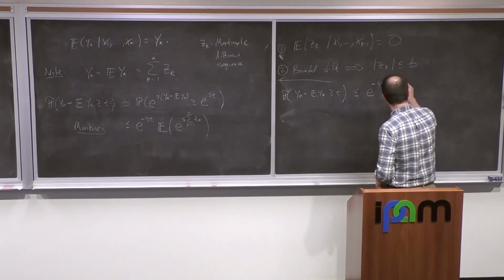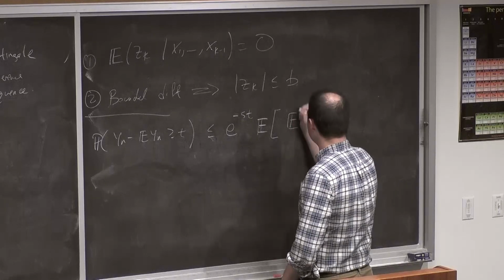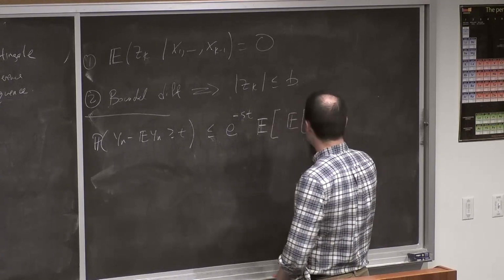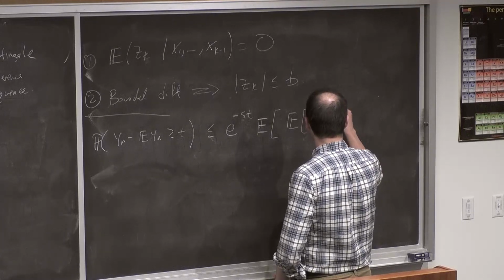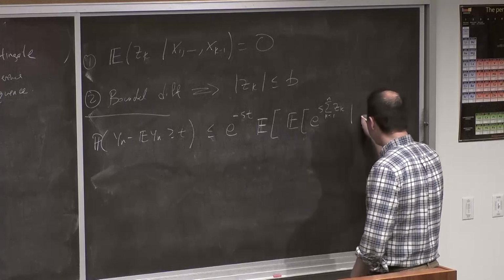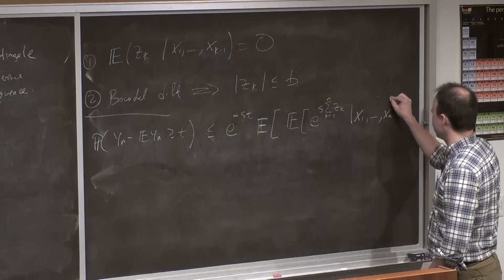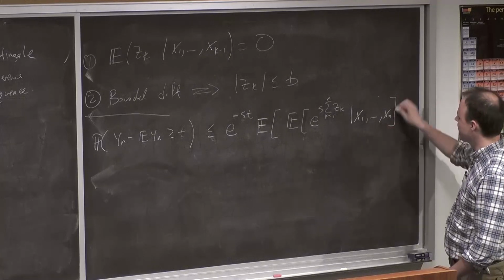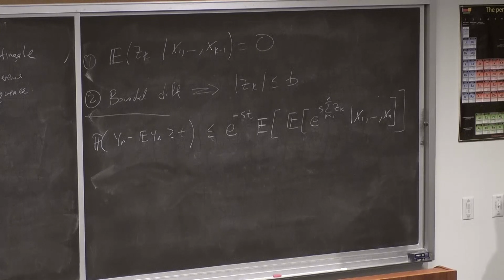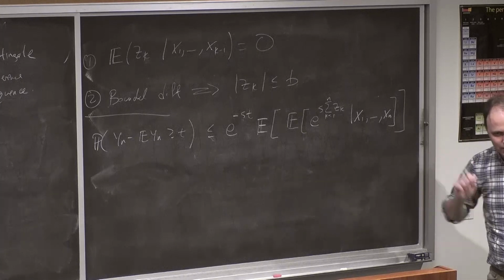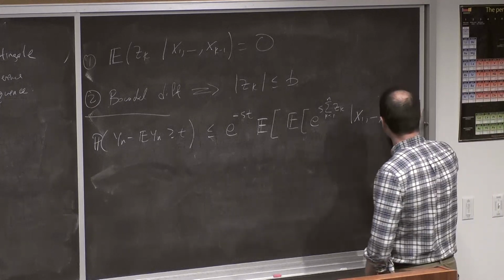So it's the expectation of this, e to the s times the sum, k is 1 to n, of zk. I'm going to condition on everything except for xn inside here. So if I condition and then take the expectation outside, it removes the conditioning. This is the law of conditional expectation, or iterated expectation. It depends which language you like. Here it's xn minus 1, sorry.